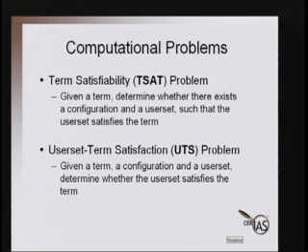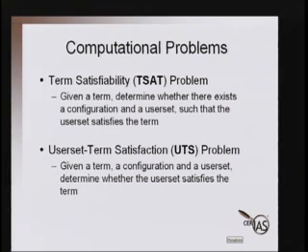The intuition is that if we have a term that cannot be satisfied by any user set under any configuration, then probably such a term is not meaningful and is not what the designer wants.